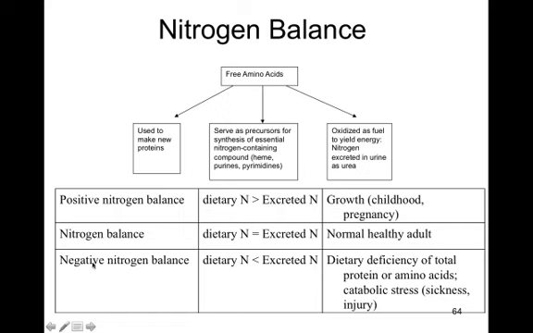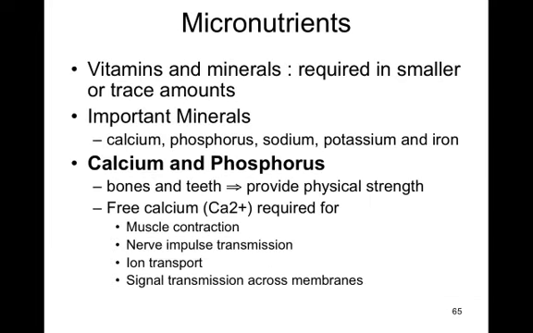And if you end up with a negative nitrogen balance, where the consumption of dietary nitrogen is less than the excretion of nitrogen, it can lead to some form of catabolic stress, which could be in the form of sickness or physical injury.